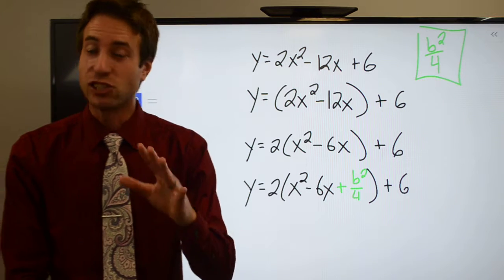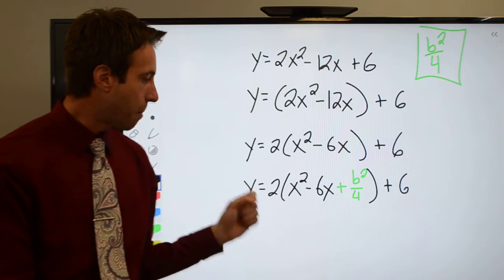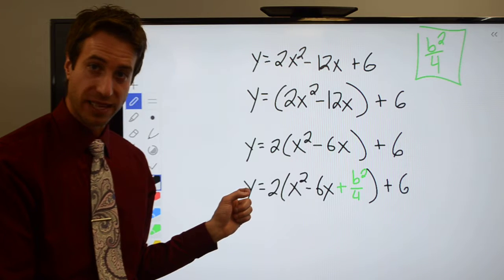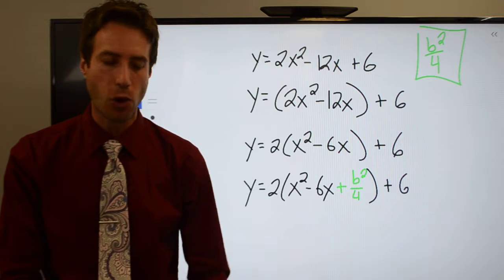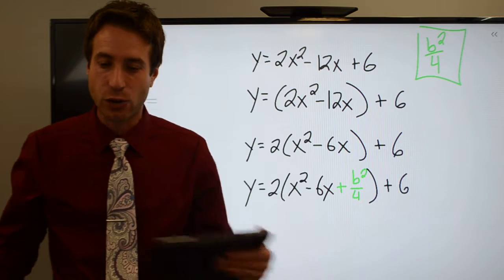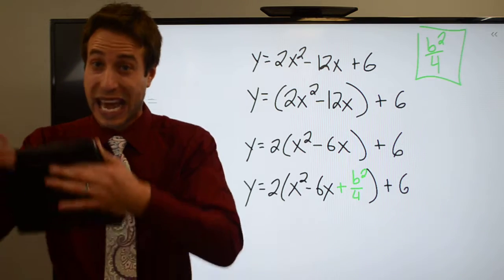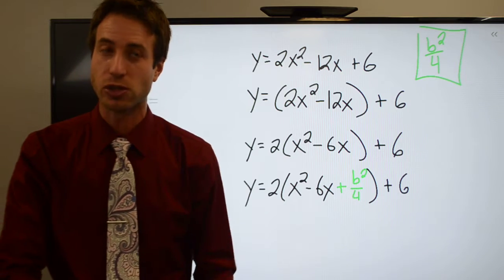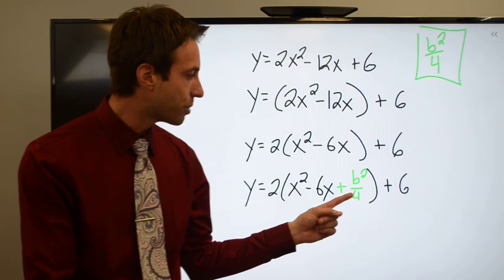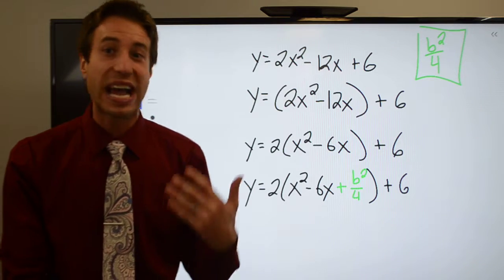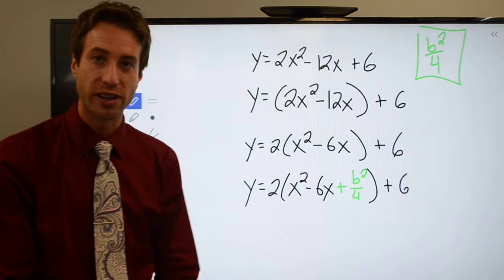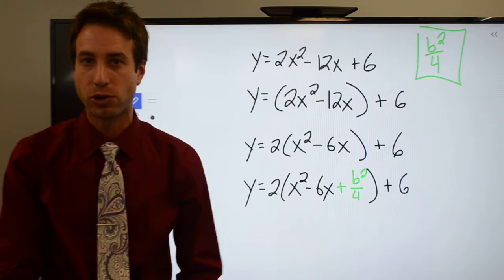But I don't want to add b squared over 4 on this side, because then I would have y plus b squared over 4. And I can't graph that. In order to graph it, it's got to just be y equals. So what am I supposed to do? If algebra says whatever you add to one side, you have to add to the other side, but I don't want to add b squared over 4 to the other side, what am I supposed to do?